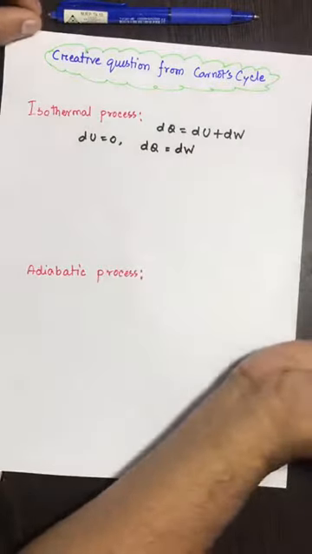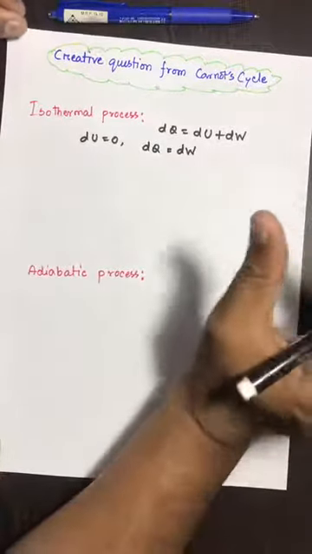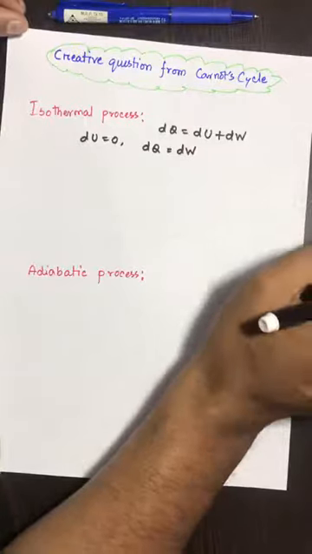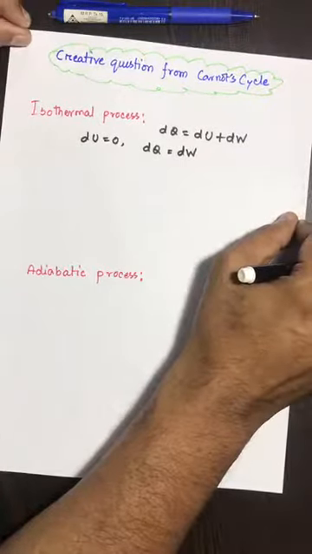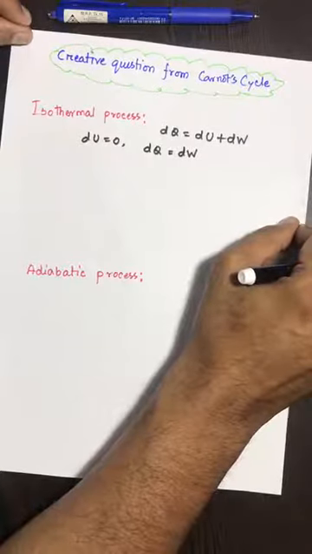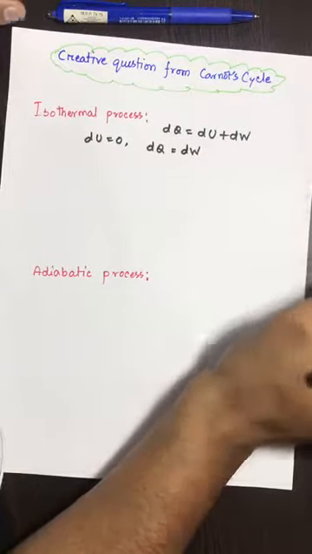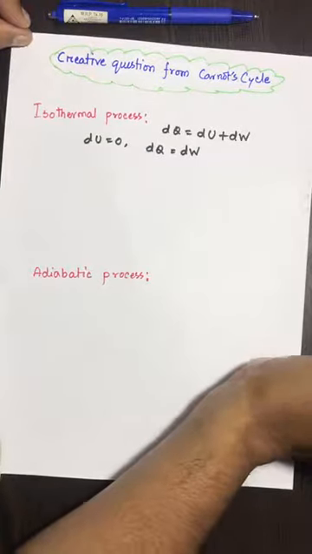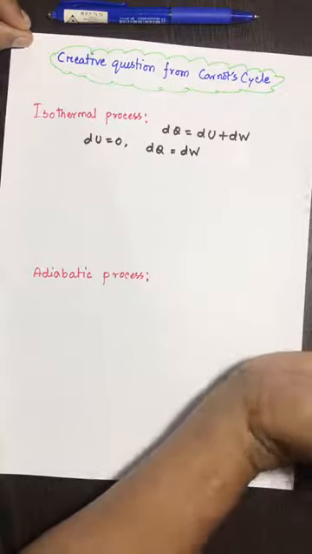Is it clear? In the isothermal process, we need to know some key points which make it easier to do any problems related to the Carnot cycle, or any problems where you find the efficiency regarding the isothermal or adiabatic process.